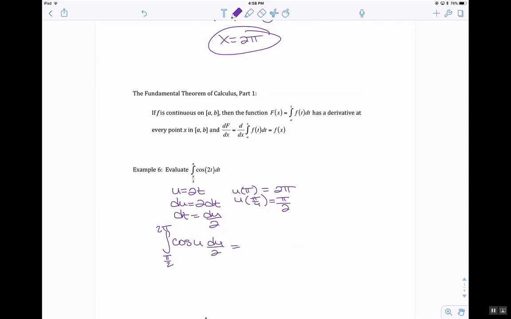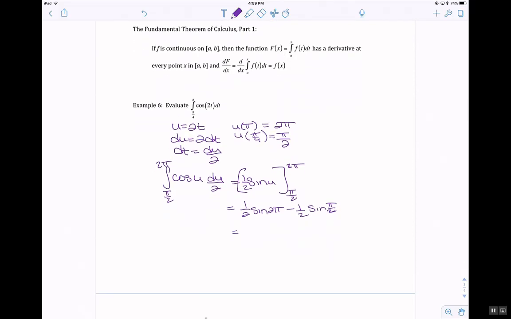The antiderivative of cosine is sine of u, and we're multiplying by half, and we're evaluating from pi over 2 to 2 pi. So this is 1/2 sine of 2 pi minus 1/2 sine of pi over 2. Sine of 2 pi is 0, so then I get 0 minus 1/2, sine of pi over 2 is 1, so I get negative 1/2.